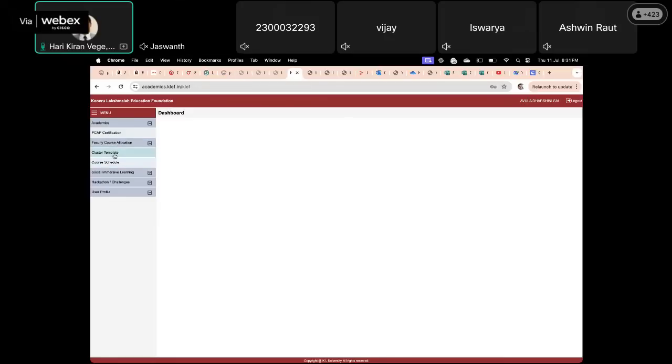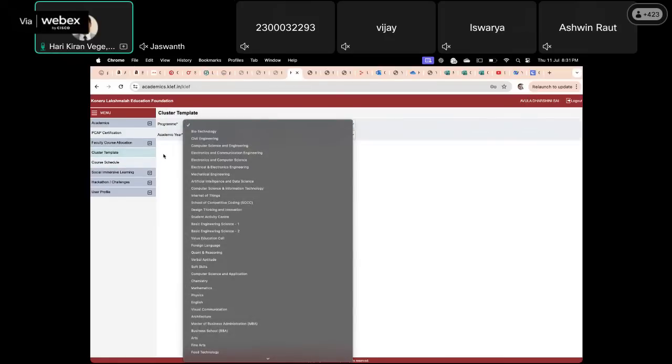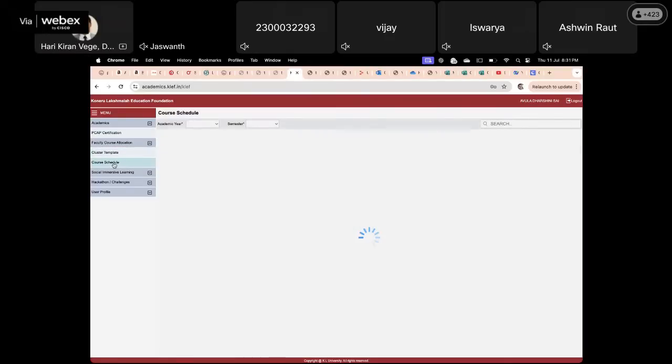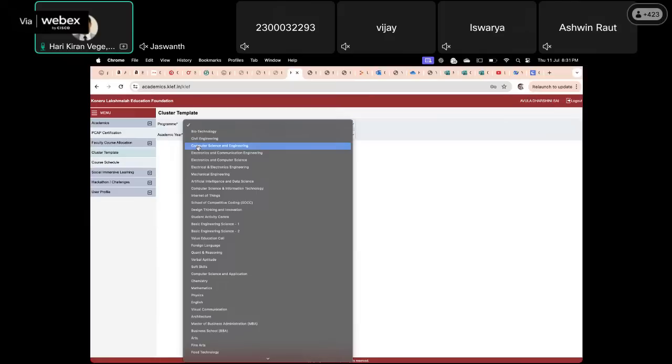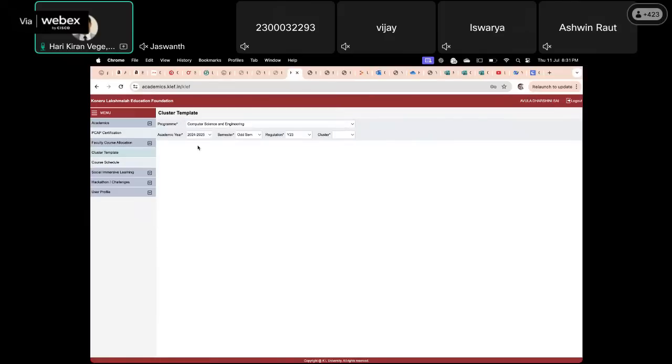You look at cluster template and course schedule. Let's start with cluster template. When you start with cluster template, you can get into your program. What is your major program? The branch that you are in.